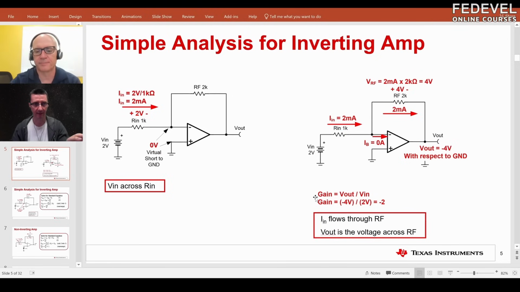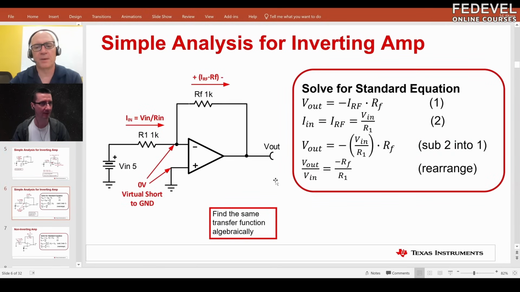And I believe there are more different kinds of circuits that we can use for these op amps. Okay, so what is the next one? Let's look at this inverting amplifier algebraically. The same exact equations happen, but instead of computing numbers, I just put the equation in here.